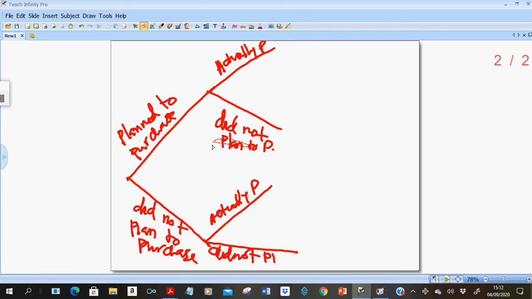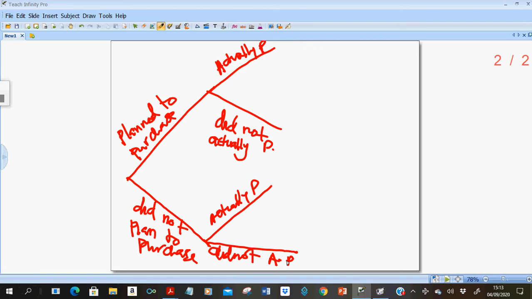In here, we have did not actually purchase. So that is how our tree diagram will look.